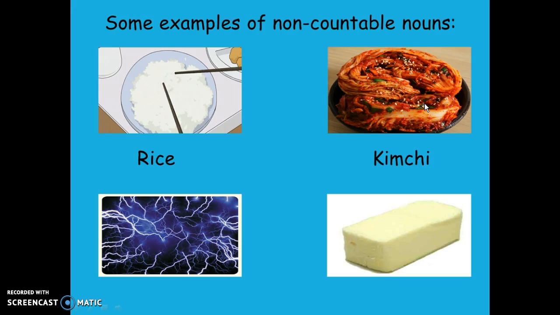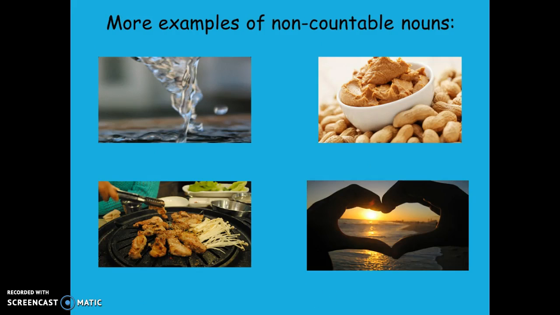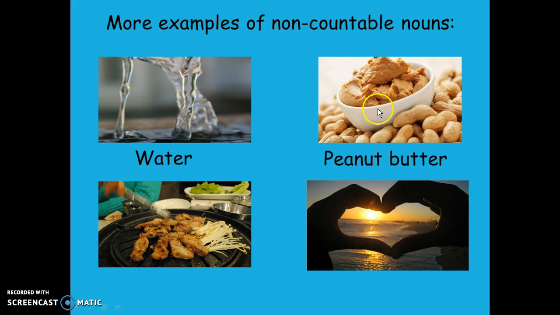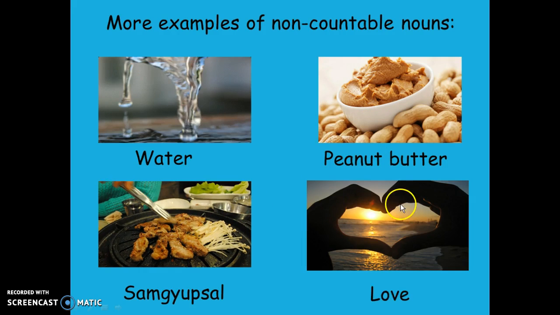Kimchi is also non-countable. Electricity and butter too. We cannot place a numeral in front of them by themselves to count them. A few more. Water, peanut butter, samgyeopsal, mashkita, and love are all non-countable nouns. We need a special way to count them.